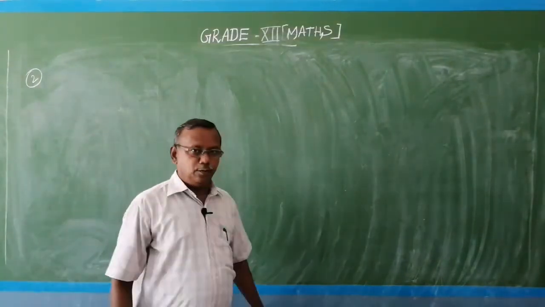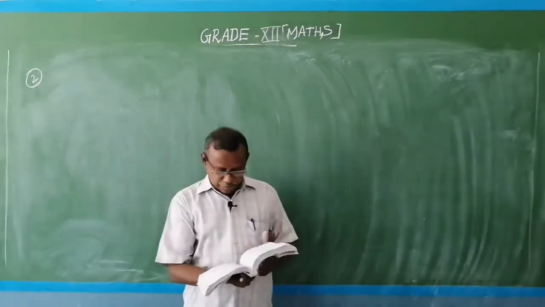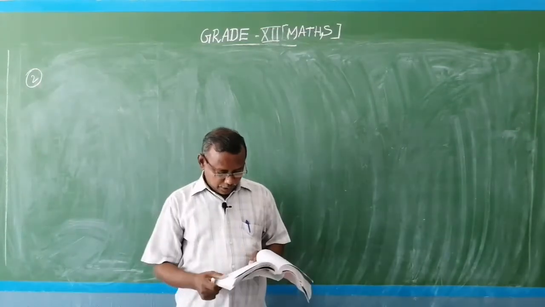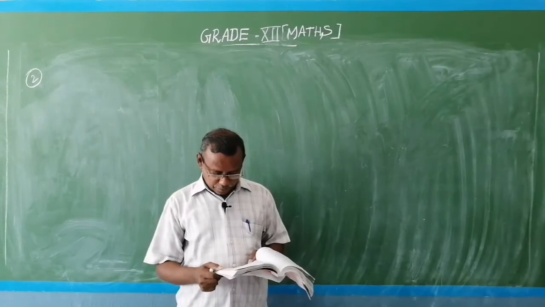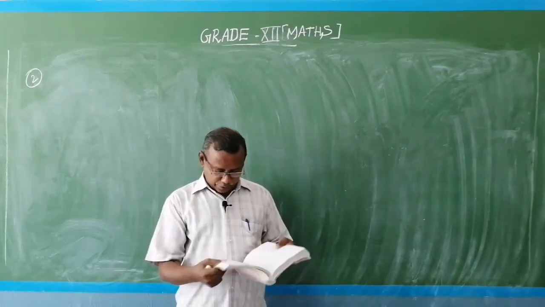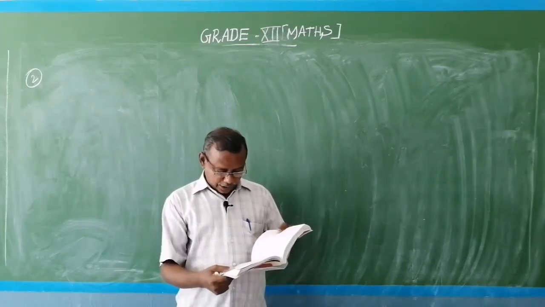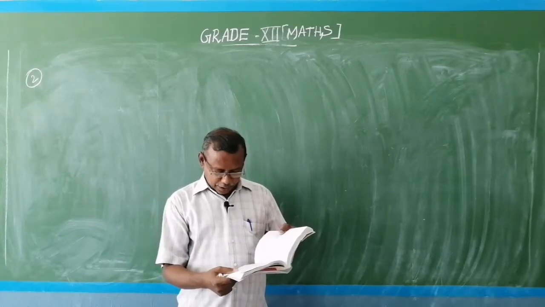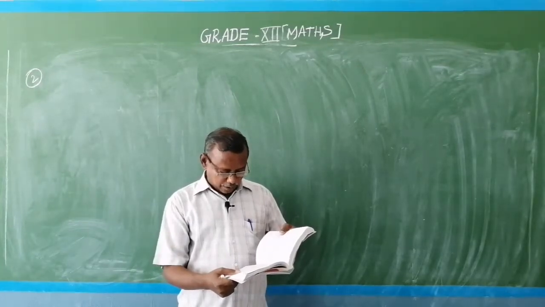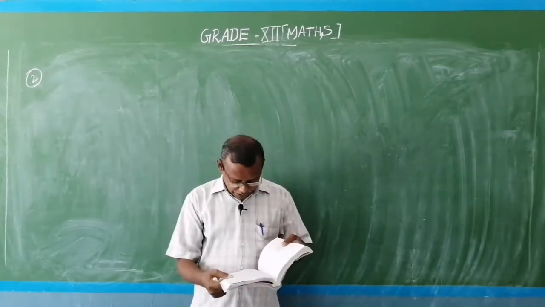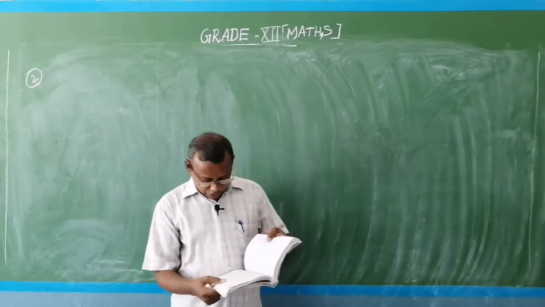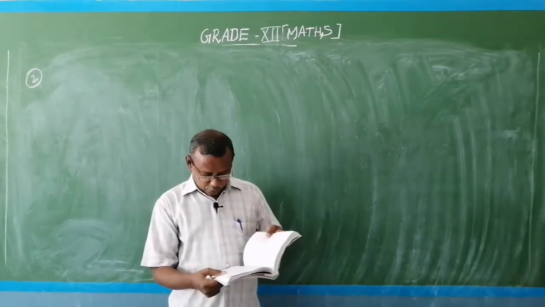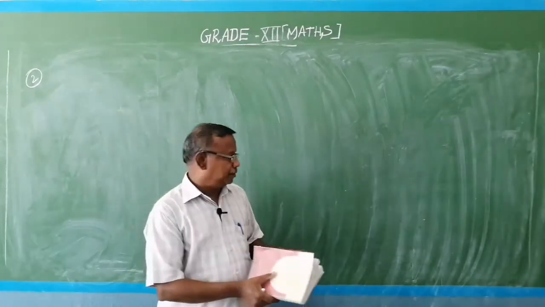Now question number 2. If l1, m1, n1 and l2, m2, n2 are the direction cosines of two mutually perpendicular lines, show that the direction cosines of the line perpendicular to both of these are m1n2 minus m2n1, n1l2 minus n2l1, l1m2 minus l2m1.